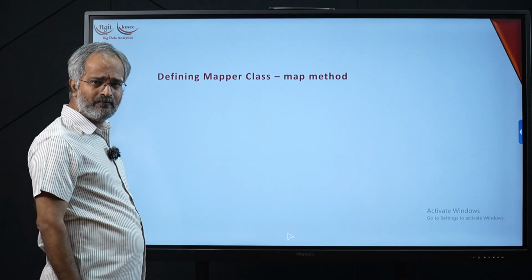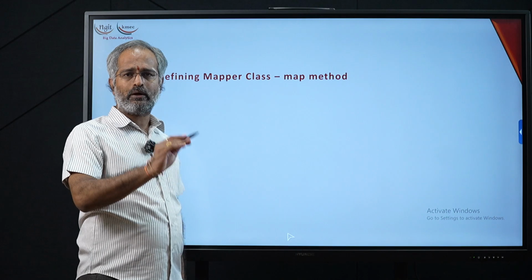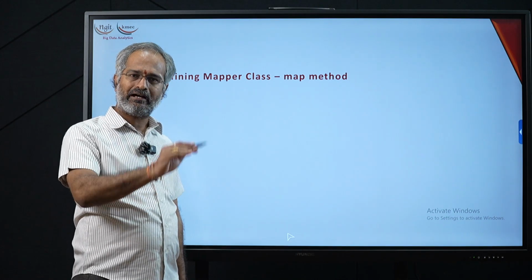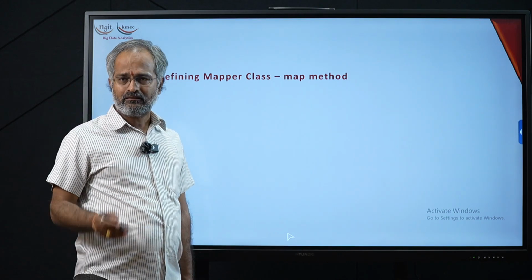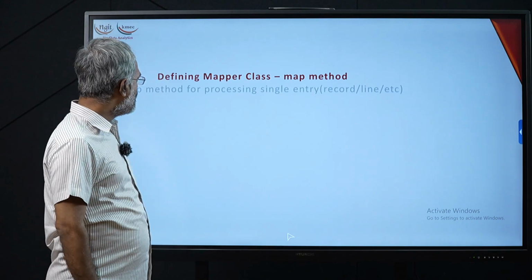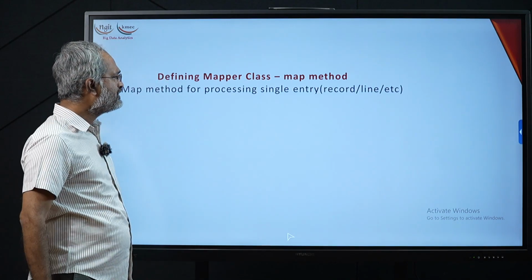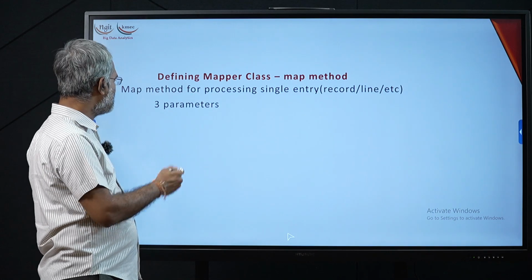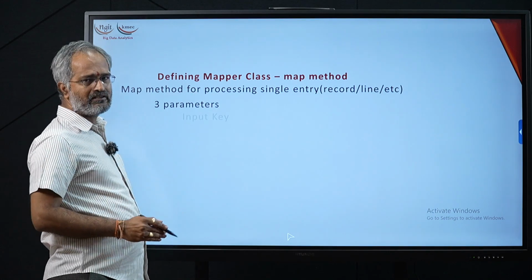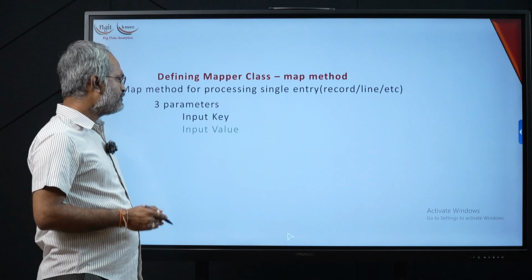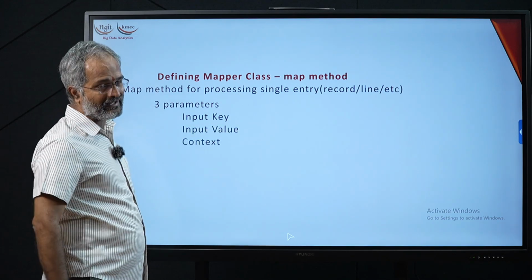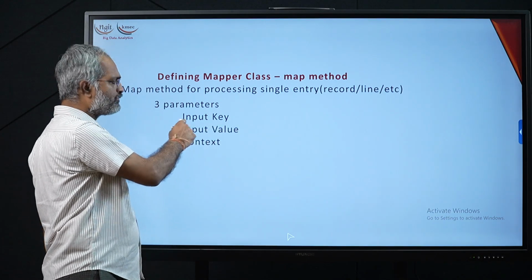So the map method will be called once per record, or once per line in the split. The map method has three parameters: input key, input value, and context. Here context is a new term.